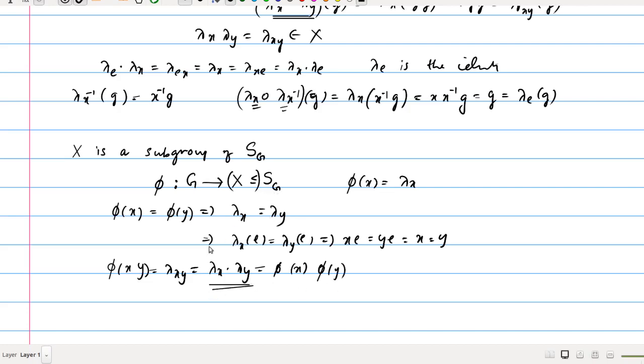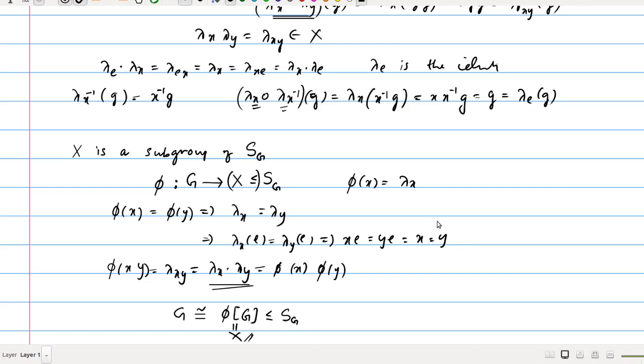We already proved the lemma that if there exists a φ from one group G to another group S_G which is one-one, such that φ(xy) equal to φ(x) times φ(y), then G will be isomorphic to the image set of G under this φ, which in this case is a subgroup of S_G. We already proved that the image set is a subgroup, and this is in fact our X that we have discussed earlier.